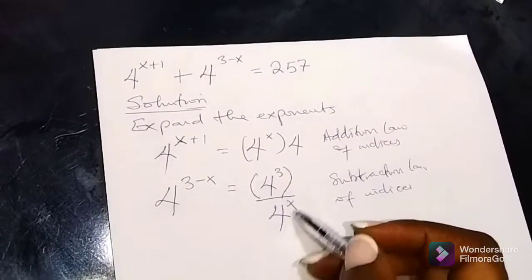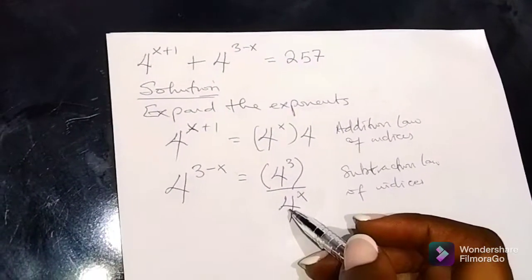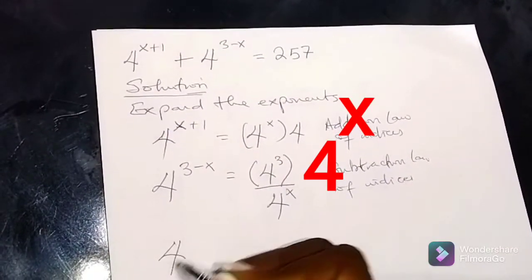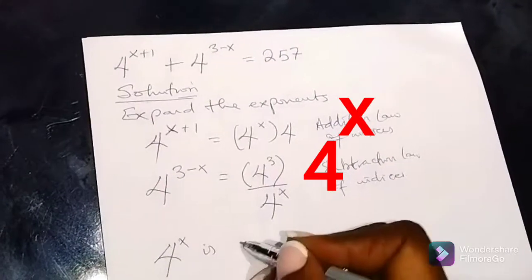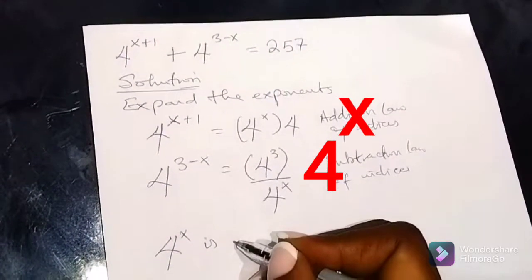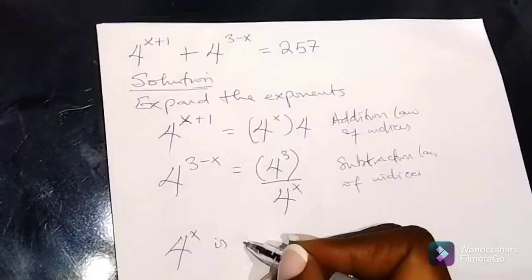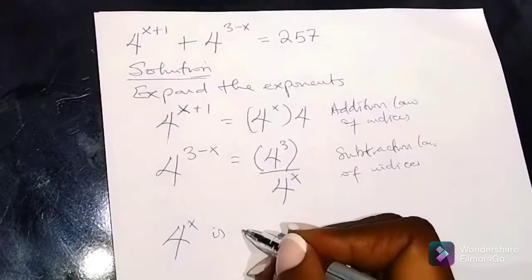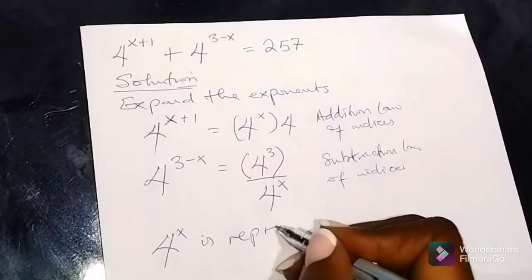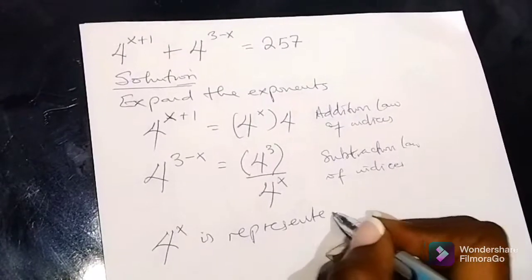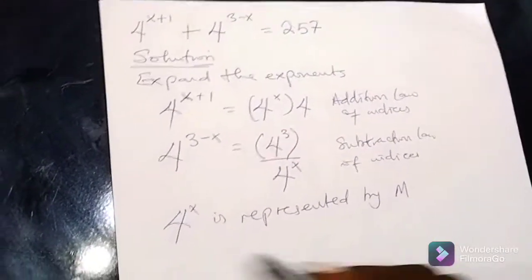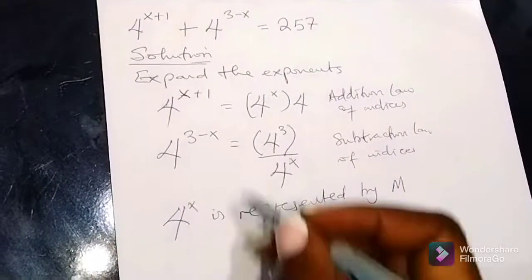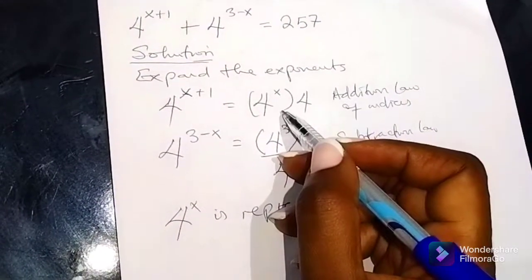There is a recurring term here, if you look closely, which is 4 raised to the power x. So we're going to represent 4 raised to the power x with a single letter, m, to make it easier for us to calculate. I will substitute m in place of 4 raised to the power x wherever I see it.